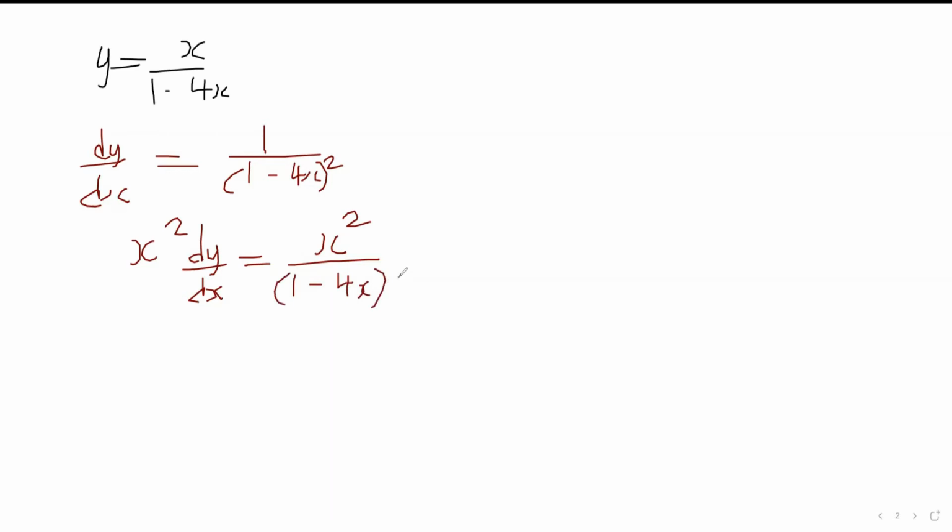But Marika, all of this can be written as (x over 1 minus 4x) all squared. Is this all squared? Not true? Right? Yes, sir. And so therefore, x squared dy by dx is y squared.